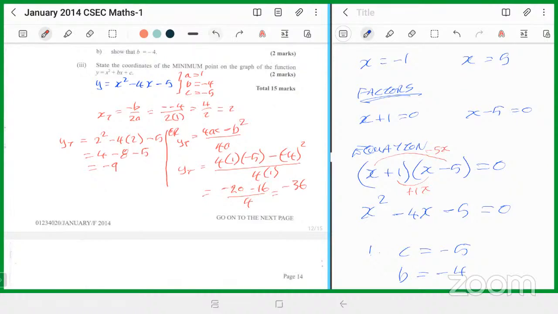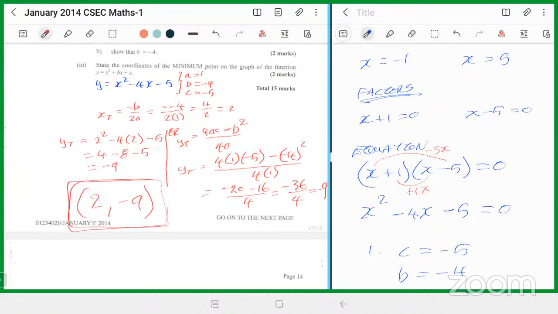So it becomes -36 over 4, which you see works down to -9. Same -9 we have here. So you see that we could have used the yt formula method as well. All right. So those would be the coordinates. So the answer for this would be that the minimum point is the xt is 2 and the yt is -9. So this right here would be the answer.